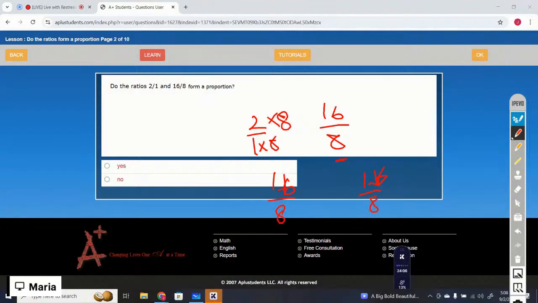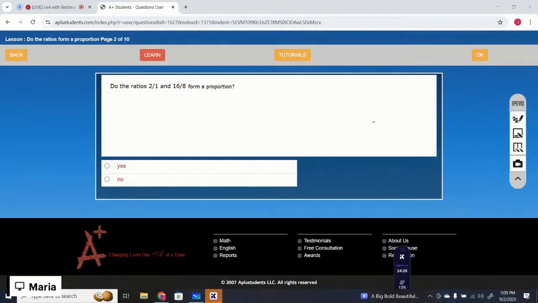So again, the fractions are exactly equal. So that means the correct option is yes, they form a proportion.